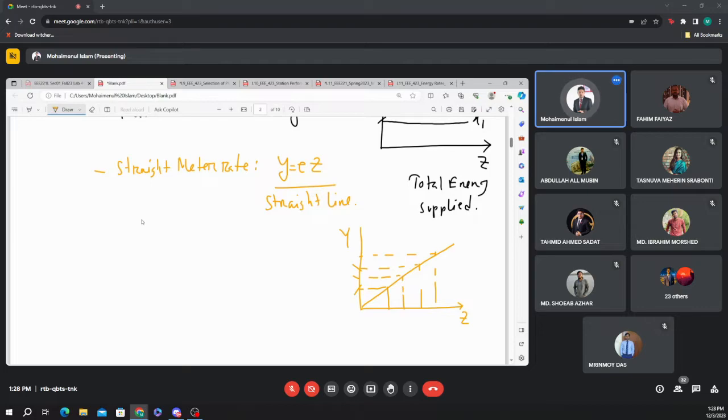The problem is, suppose initially your energy consumption is very small. Suppose in your house you are not using AC or heavy load, just lights and fans. But with the straight meter rate, the rate for that small home owner and the rate for a very big apartment owner who is using AC and other things is the same.